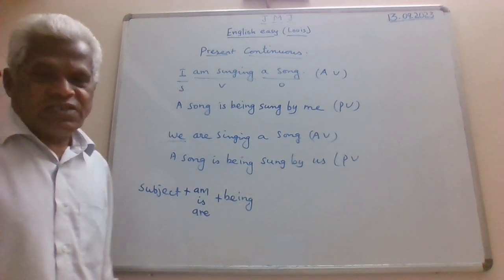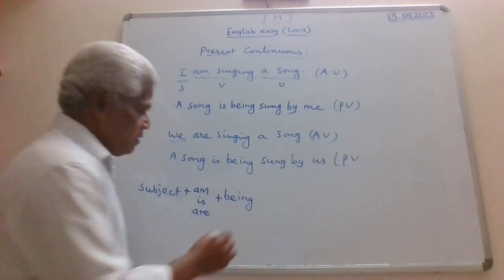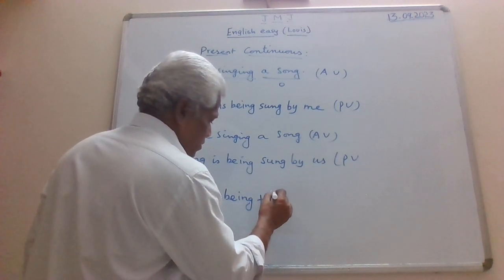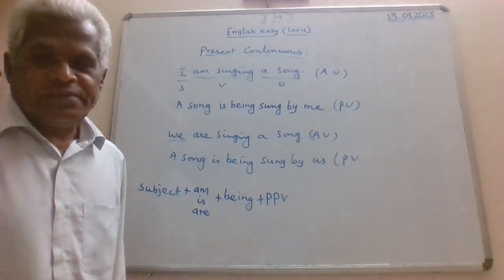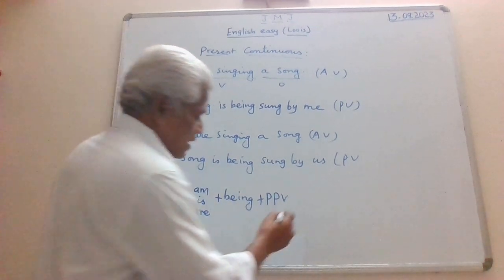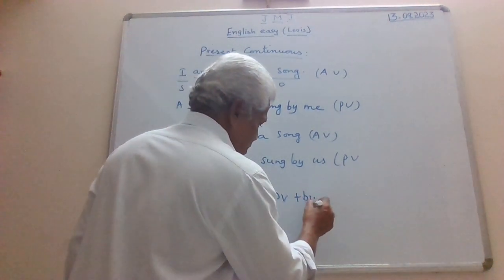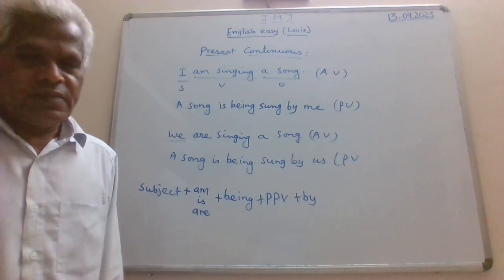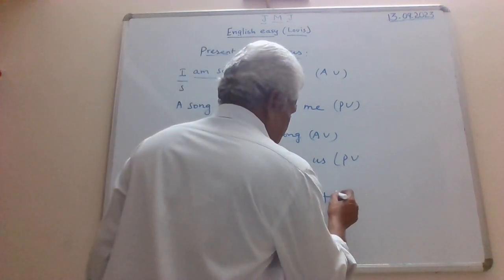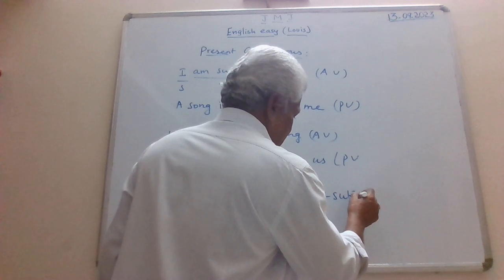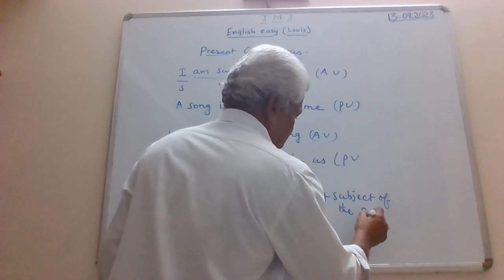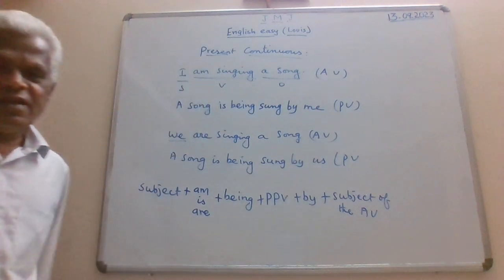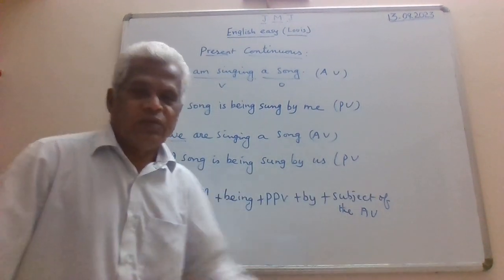Okay? Plus being. Plus past participle form of the main verb. And then preposition by. Then the subject of the active voice. Okay? So this is the formula.